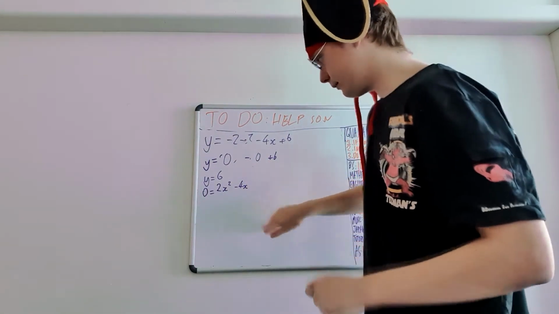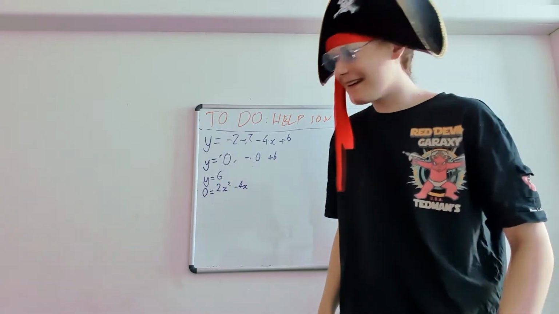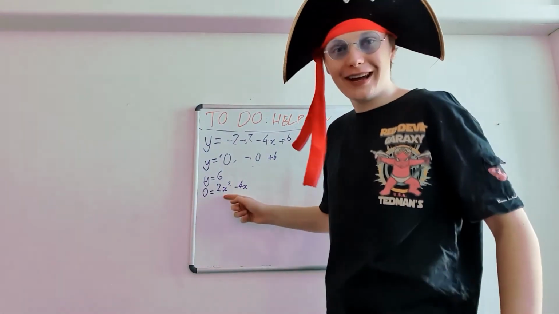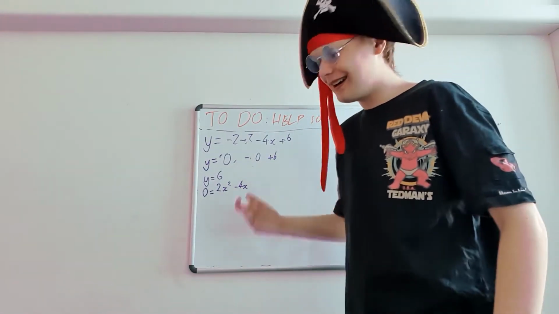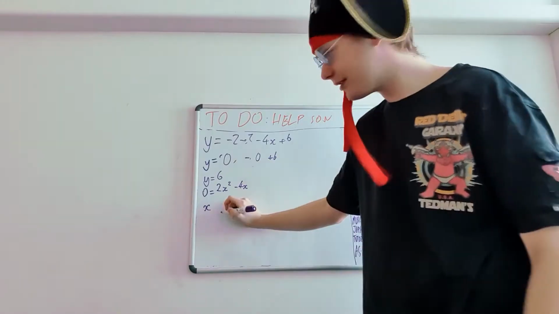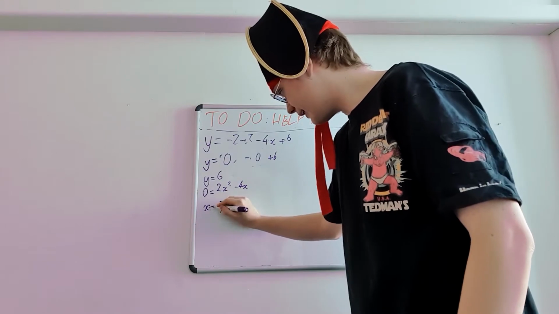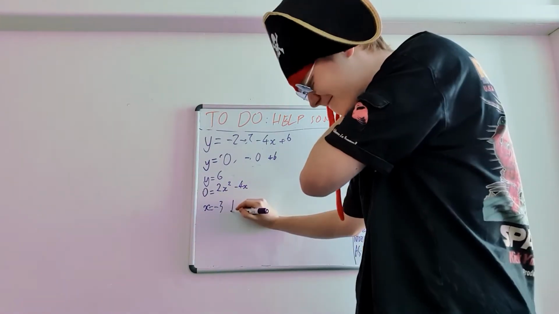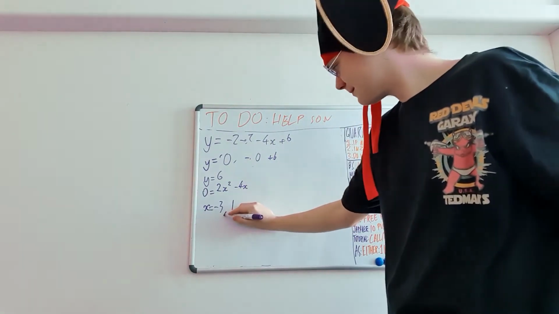Get rid of me from the equation. Now, if you want to get 2 and 4, the steps are going to be... -3 and 1. Those are your x-intercepts.